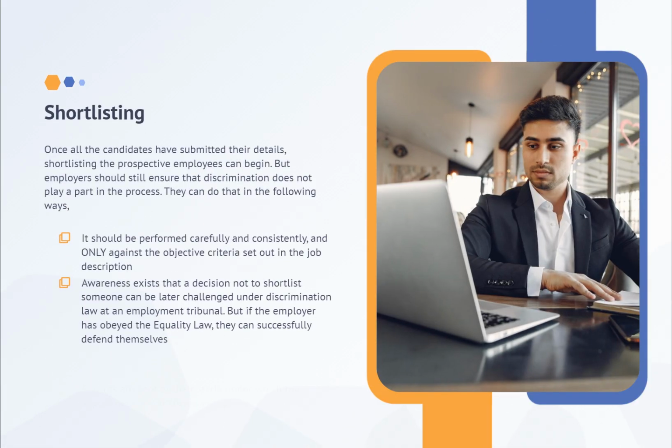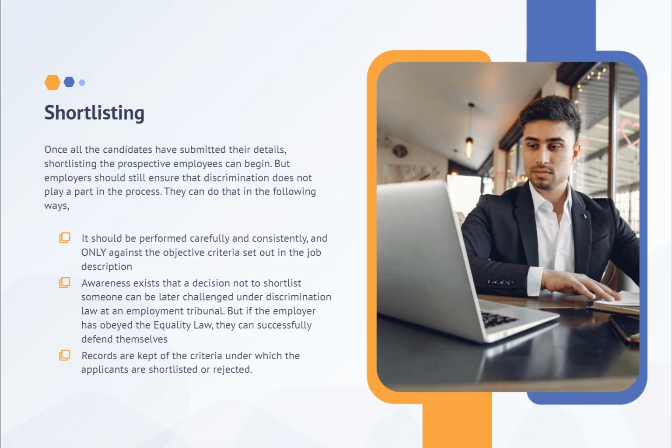Shortlisting. Once all the candidates have submitted their details, shortlisting the prospective employees can begin. But employers should still ensure that discrimination does not play a part in the process. They can do that in the following ways. It should be performed carefully and consistently, and only against the objective criteria set out in the job description.